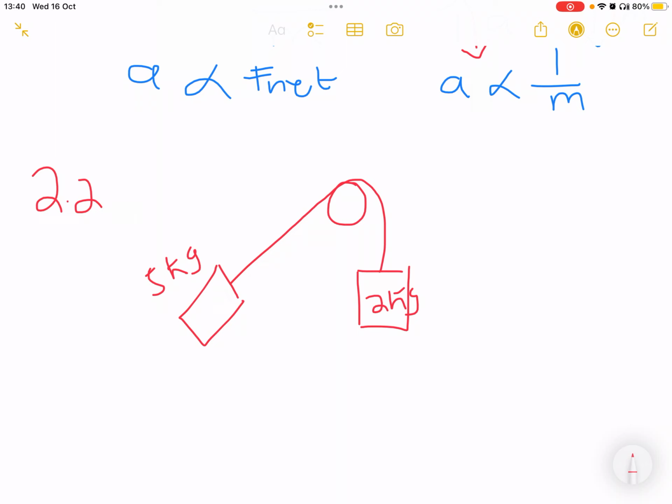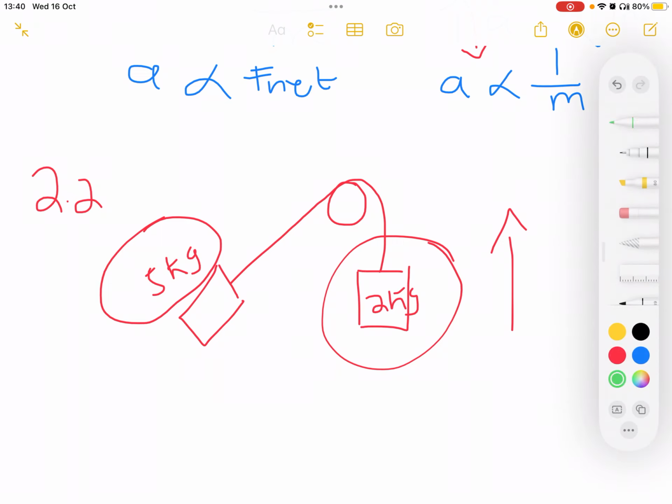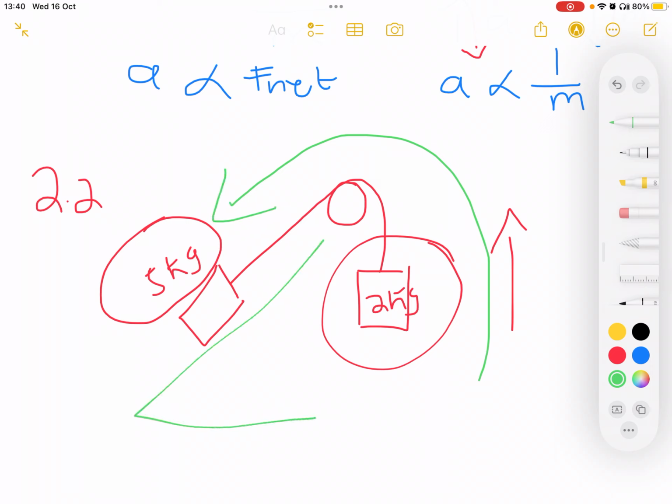I look at this as this is a greater mass, this is a smaller mass, so this will go up, such that the direction is going to be downwards of the incline, which is this here. So it's going to go down the incline.